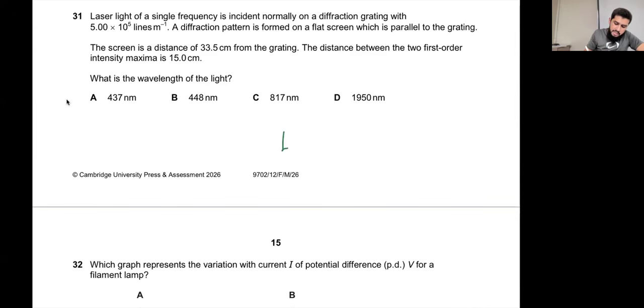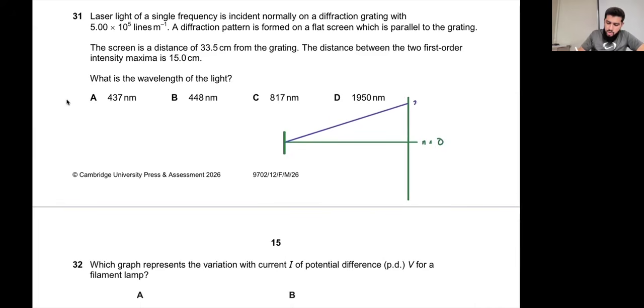So let's say this here is my diffraction grating, and this here is my screen. And on my screen, I'll have my zero order here. This here will be my n equals 0. This here would be my second order. You'll have a first order in between. We're not talking about that right now.